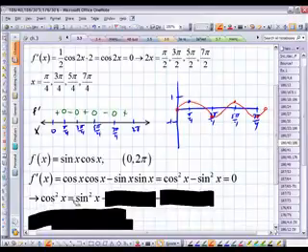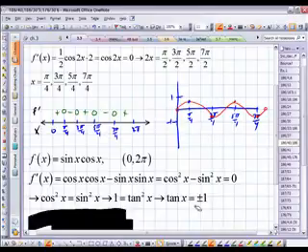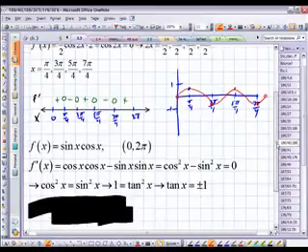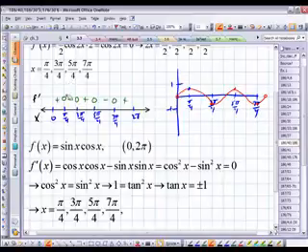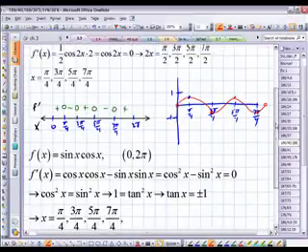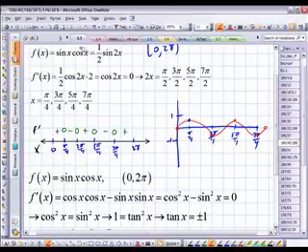I add sine squared to both sides, divide by cosine squared, and finally tan x is plus or minus 1, and tan x is plus or minus 1 at, of course, these same spots, pi over 4, 3 pi over 4, 5 pi over 4, and 7 pi over 4. You get your number line. And once again, this gives you x values and max min information. To get the y values, you have to plug the x values back into the original equation.